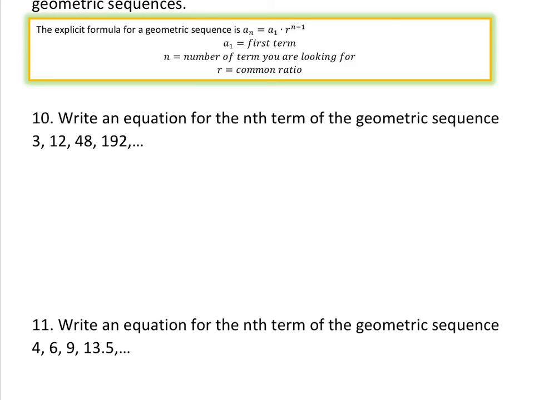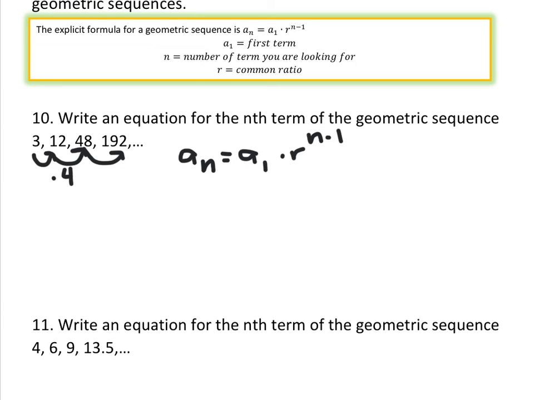Write an equation for the nth term of the geometric sequence 3, 12, 48, and 192. To go from 3 to 12, 12 to 48, and 48 to 192, what are we multiplying by? We're multiplying by 4. So a(n) equals a1 times r to the n minus 1.